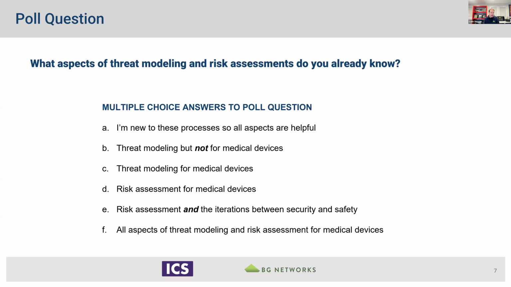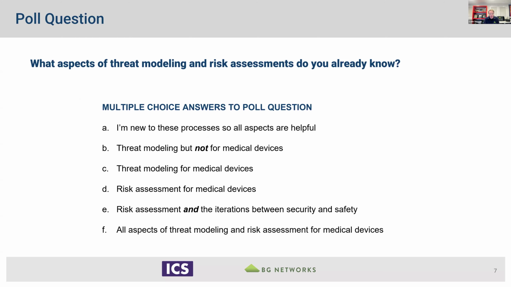And it ranges from the multiple choice answers, A, which you're new to the process. Threat modeling is done for all types of devices, but maybe you've never done it for a medical device before. Maybe you're familiar with medical devices, but you haven't done a risk assessment. And maybe you're familiar with the whole process and the iterations between safety and security and the multiple iterations.